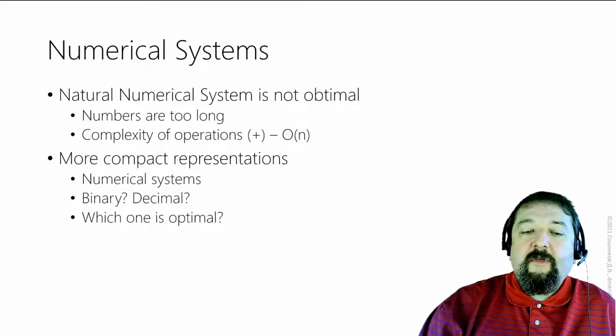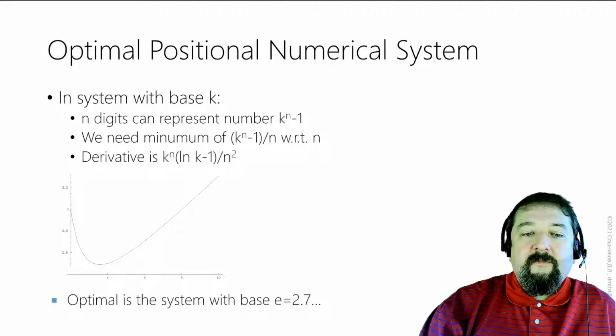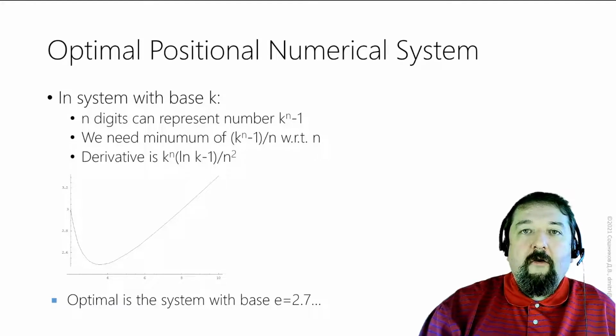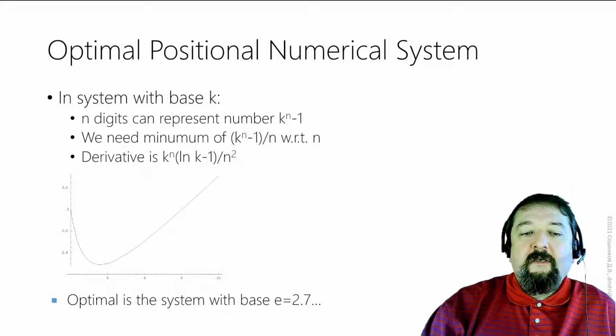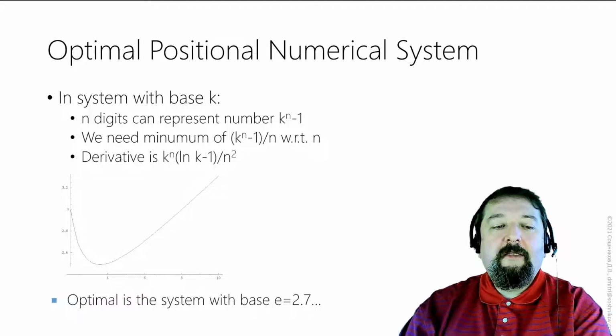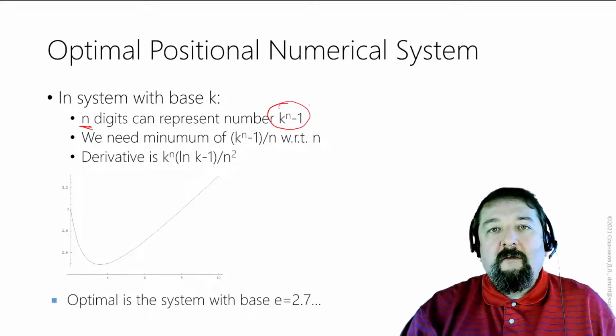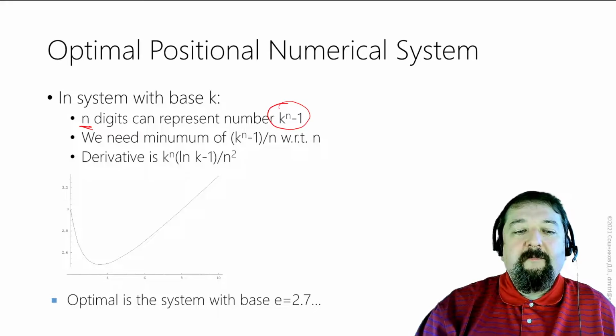In this sense, we can think of which numerical system is optimal, and it's not always clear what we mean by optimal, but sometimes we say that we can try to think of the density, how much information the digit holds. So for example, if we have the base k, n digits can give us k to the power of n minus 1. This is the largest number that we can represent.